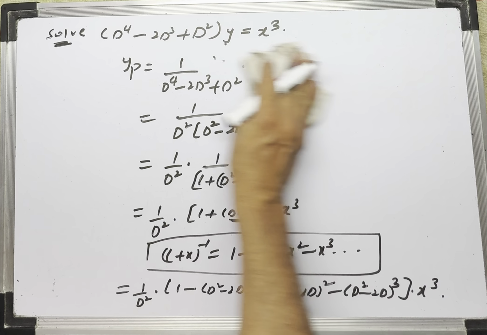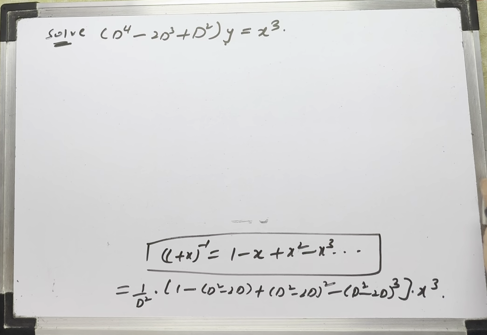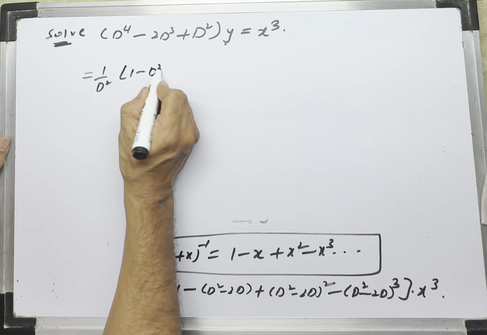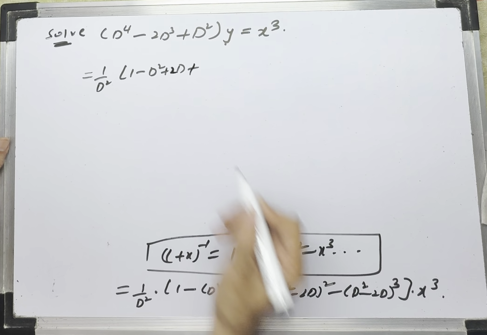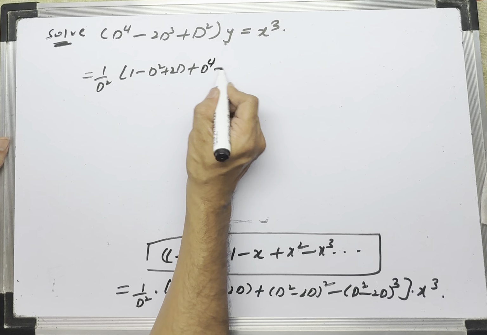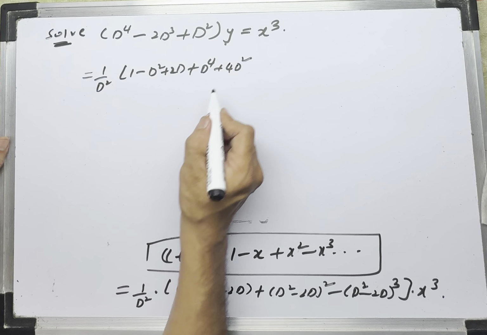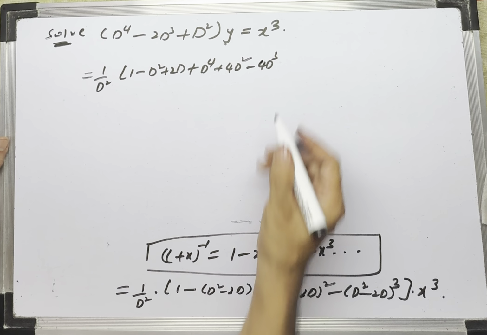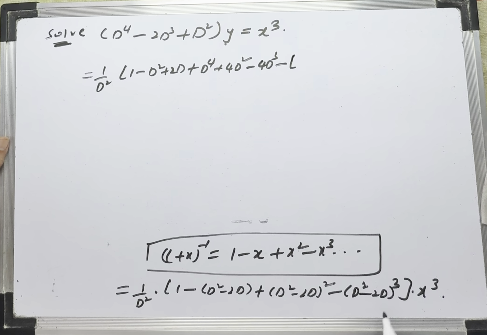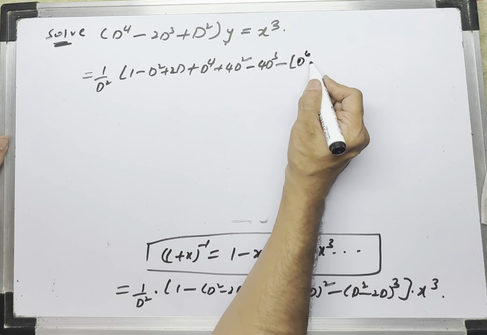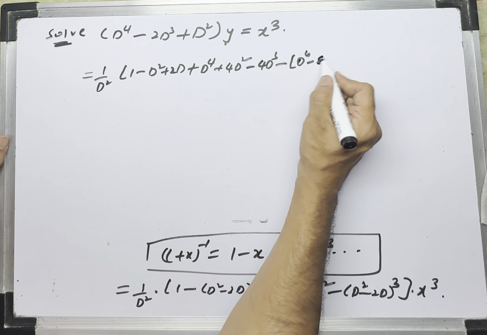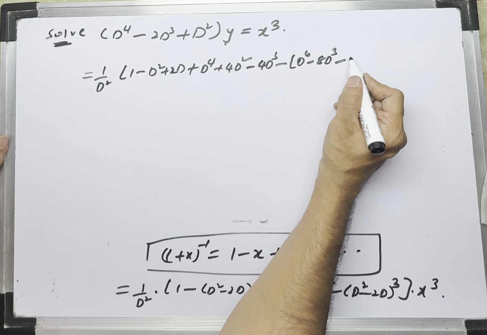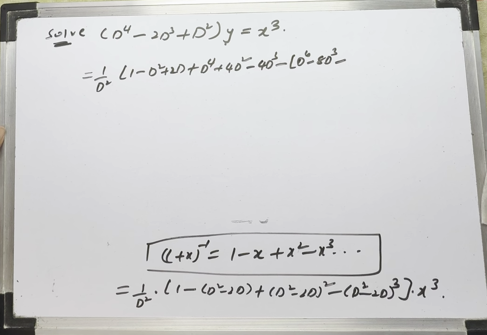Now we'll expand this. 1 by D square, 1 minus D square plus 2D, a minus b whole square, a square plus b square minus 2ab, then minus of, take common, a minus b whole cube, a cube minus b cube minus 3a square b, 3a square b. So how much you'll get?